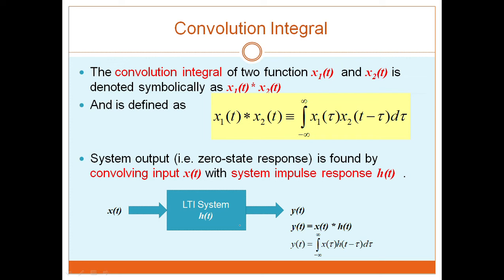Just to recall again, if you have two signals x1(t) and x2(t) convolved, that means the first signal is multiplied by the second signal, but you have to reflect it and shift it by t. This is the general equation, or the definition, of a convolution integral.